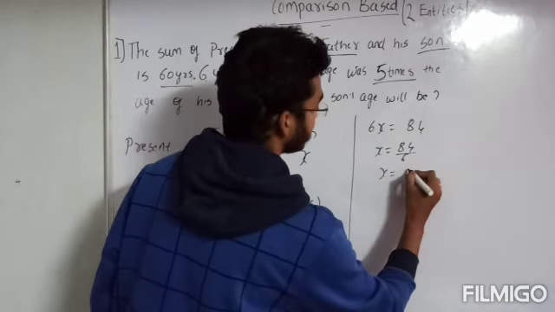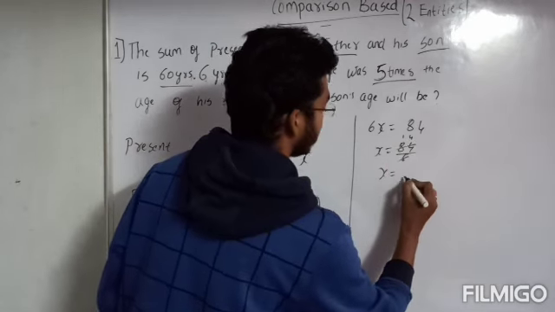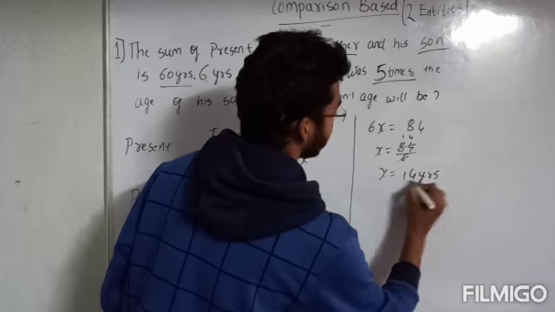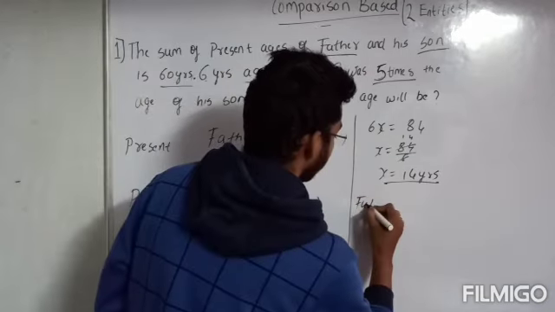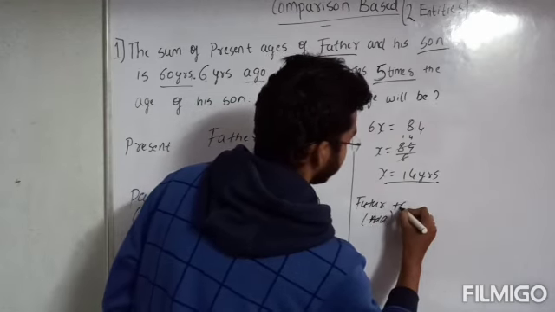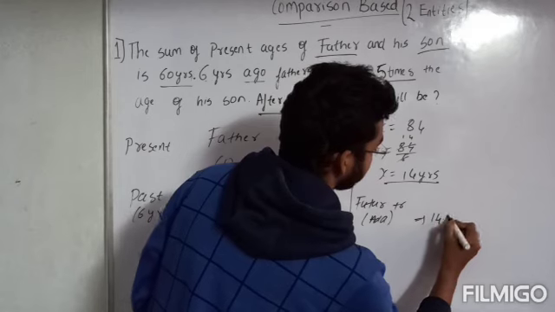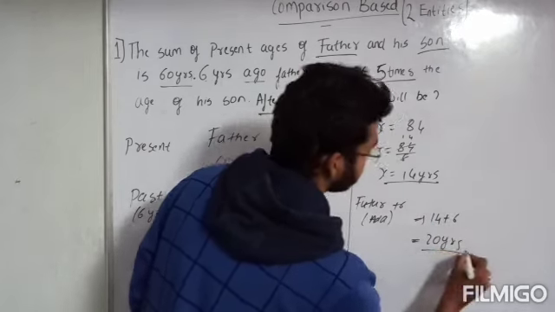That is x is equal to 14 years. This is his present age. They asked after 6 years. That means future, and future means addition. Addition of 6 years, that is 14 plus 6, equal to 20 years.